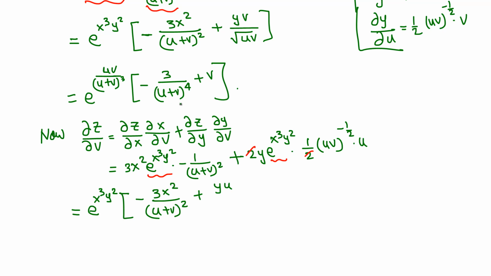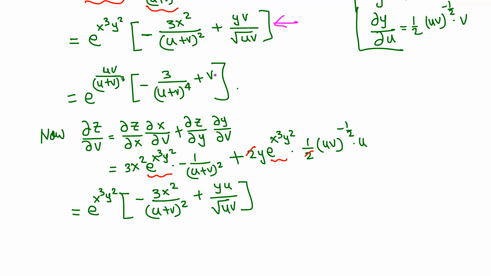In fact, like last time, we almost have the same situation, so we can factor out. That leaves 3x squared times 1 over, that means negative in the front, u plus v squared. This is out, then y u on the top, and on the bottom is the square root of uv. Pretty much the same as here. The only change is that instead of u we had v earlier. Now I'm going to copy everything, because everything is the same.